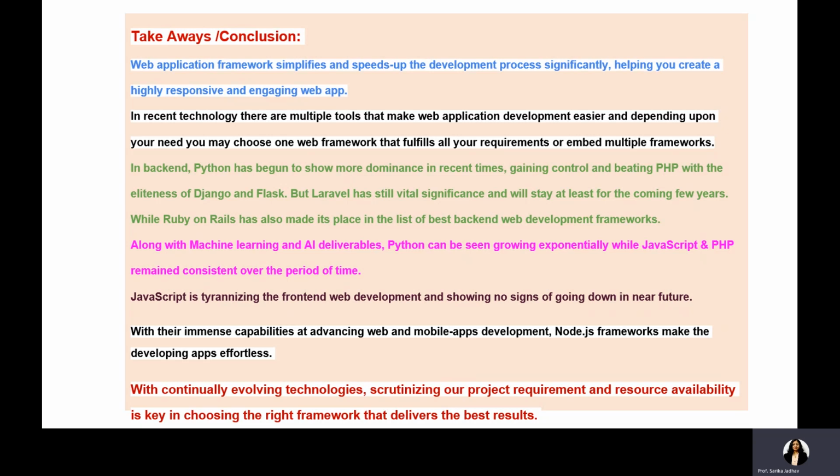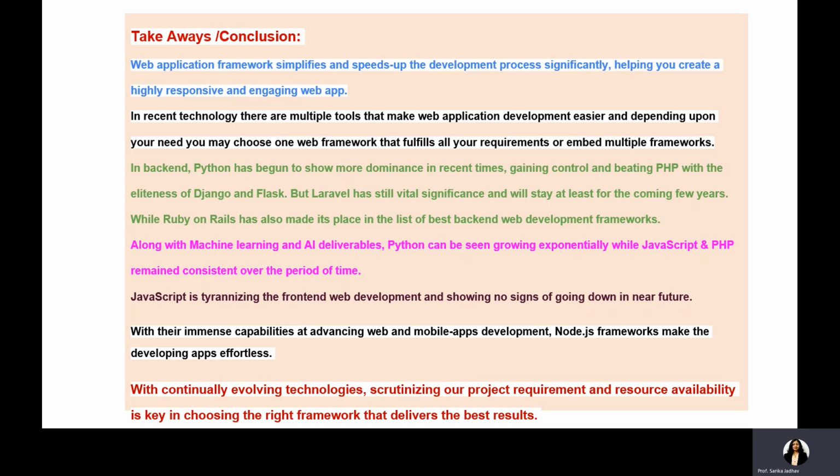It is showing no signs of going down in the near future. With its immense capabilities at advancing web and mobile app development, using the Node.js framework makes developing apps much easier and simpler. Node.js is known for effortless app development.